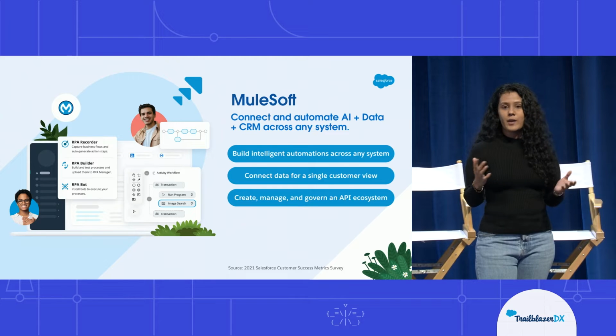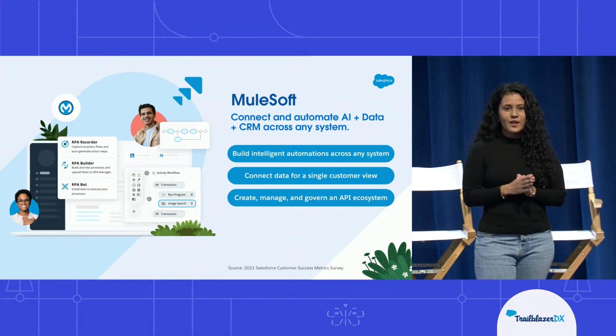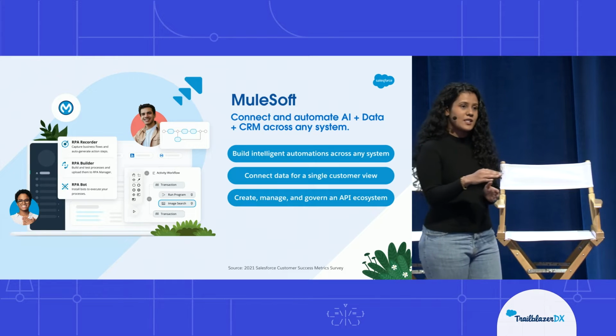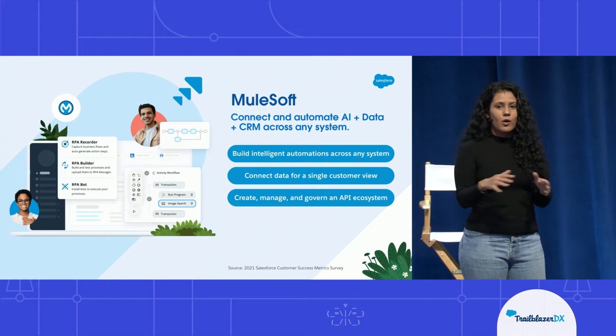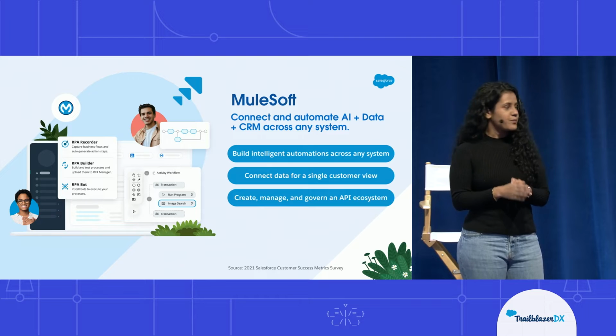You can connect any systems. Basically, you can bring in the data which is present in silos and connect across multiple end systems. And you can manage your entire API lifecycle right from the design stage to managing, building your APIs, governing your APIs, deploying, and it's all in one single place, one single platform.